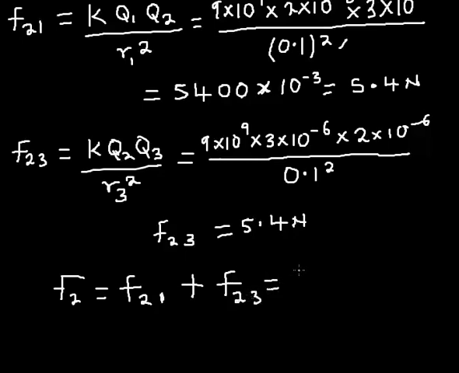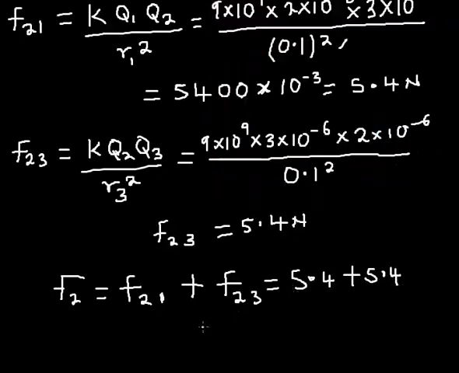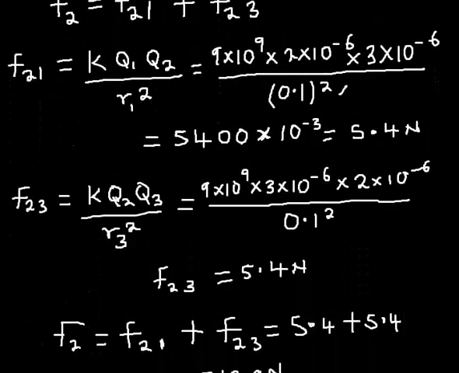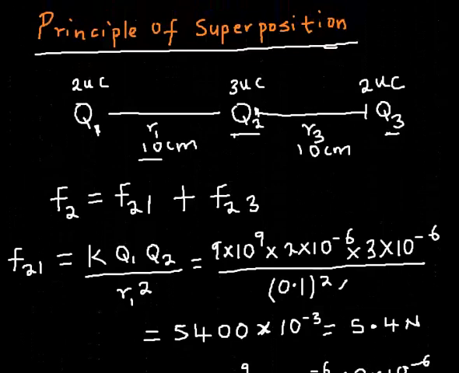So that's going to be 5.4 plus 5.4. If we add that up, 5.4 plus 5.4, what do I have? 10.8. So that's going to be 10.8 newtons. So that is one example of the principle of superposition of electric force. Let's look at another example.